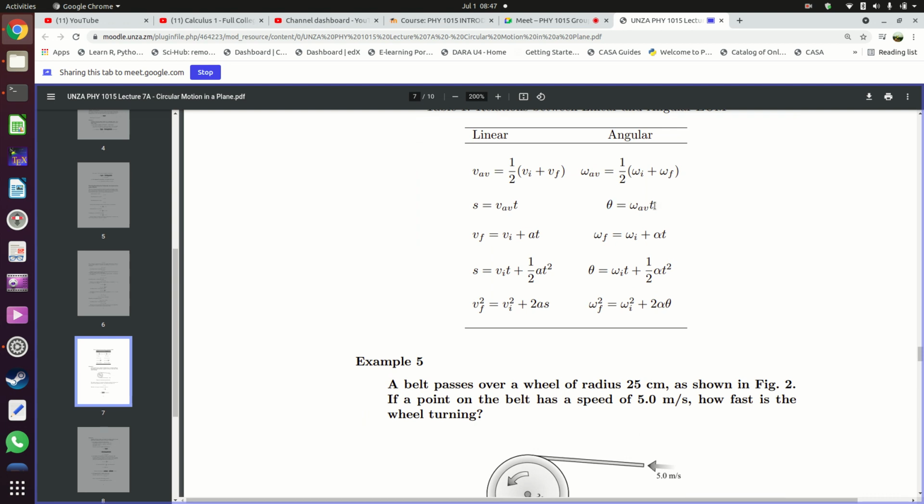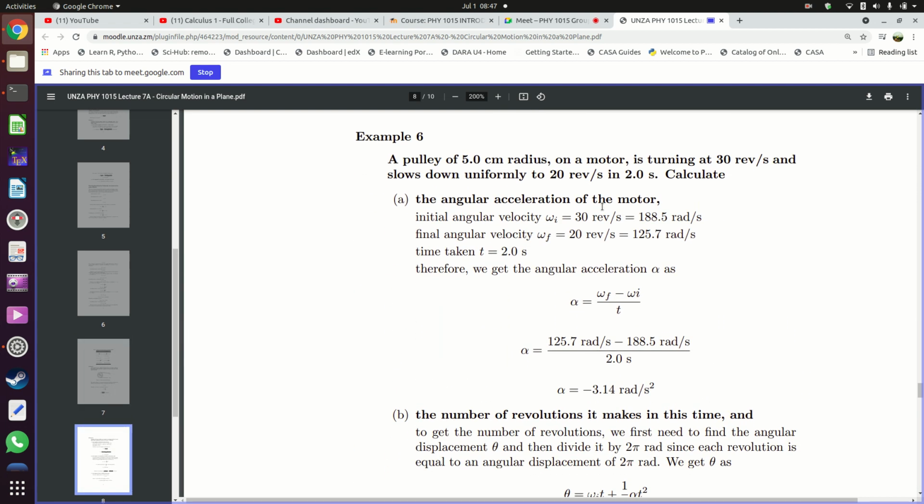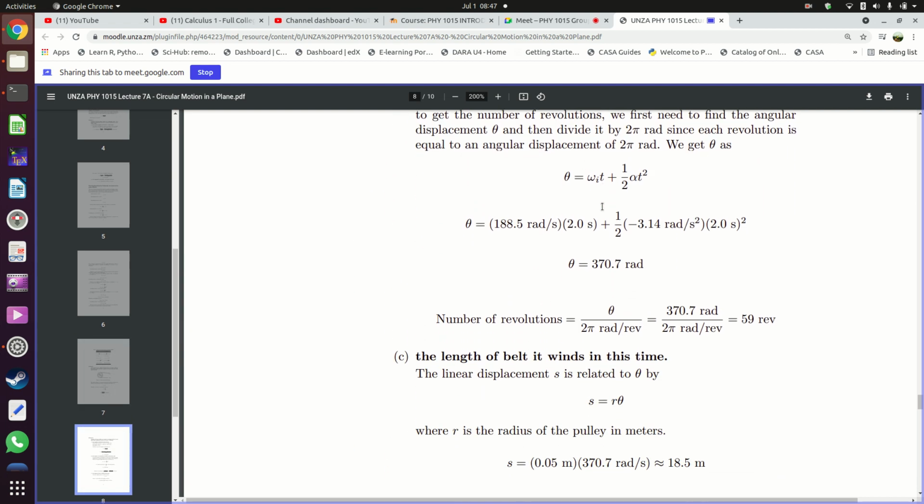If you multiply, how much angular displacement do you get? 314.2. Okay, so I'll have to correct this. That gives us the angular displacement in radians.